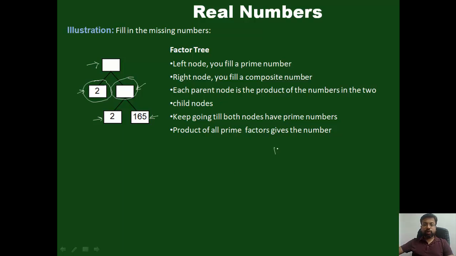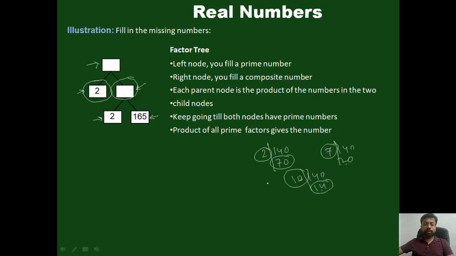So whenever you have, for example, 140, you first take the first prime factor that you have. So it's divisible by 2. So in the first node, 2 would go in the left node and 70 would go in the right node. Or 140 could also be 7 times 20. So again, 7 is a prime number, so 7 would go in the left node, and in the right node you have 20. But for 140, if you take 10 and 14, this is not allowed because the left node has to have a prime number, and neither of the two, 10 or 14, is prime.